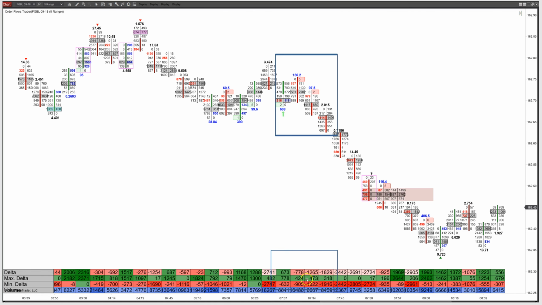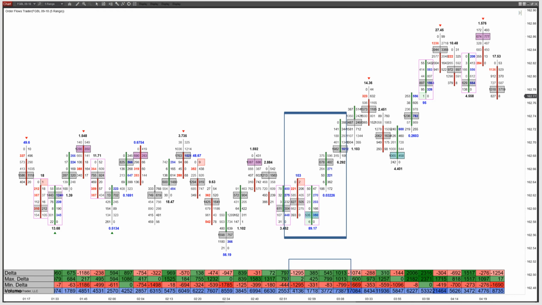Again, on the delta: minus 778, minus 1265, minus 1829, minus 2442, minus 2691, minus 2724. That one's very obvious, but you could pick it up a lot earlier, as the distribution is taking place.